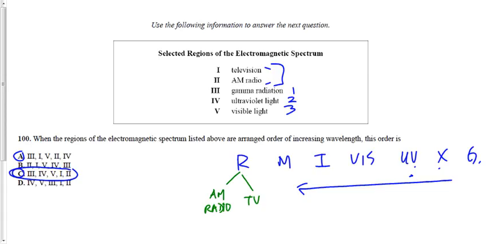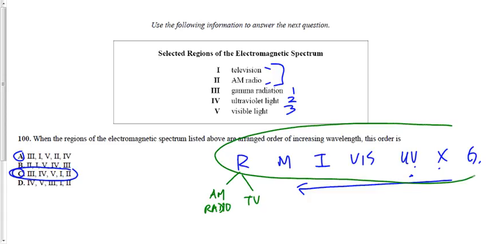You need to know this and the subcategories of visible light, but things like this you can come up with based on the question itself if you ever see a situation like that.